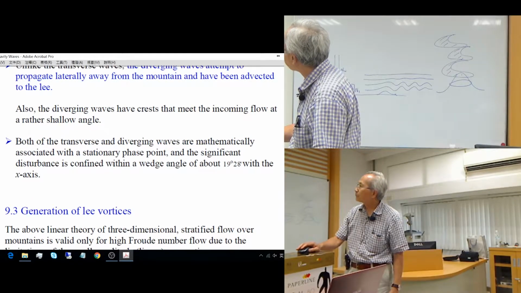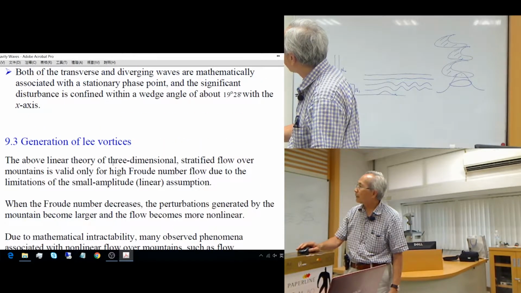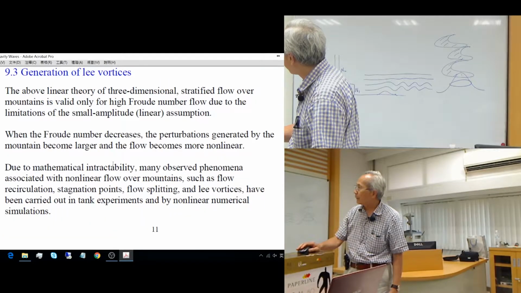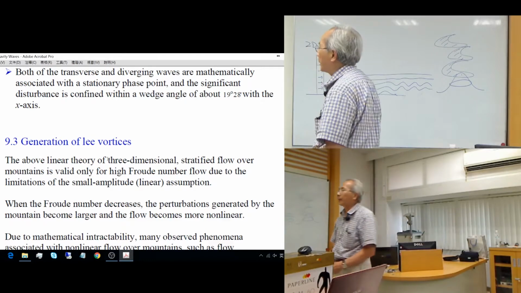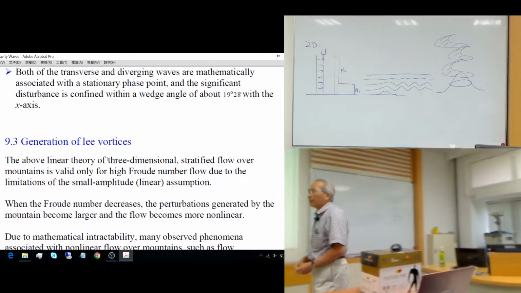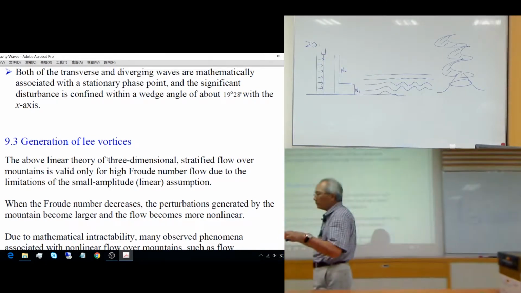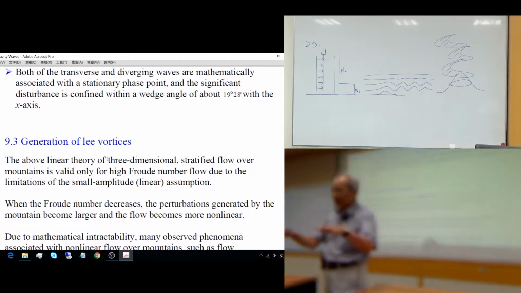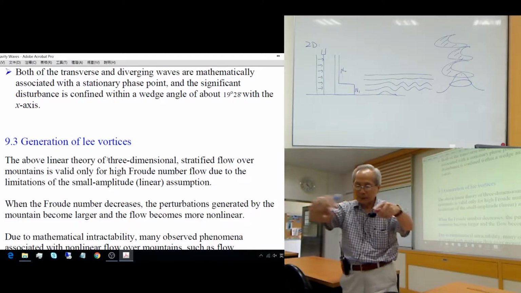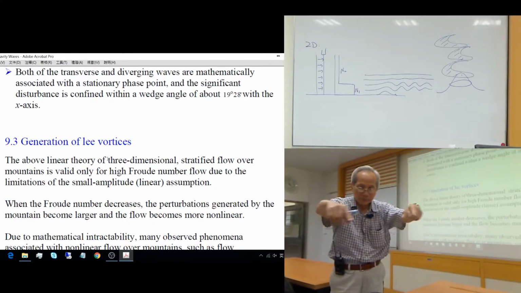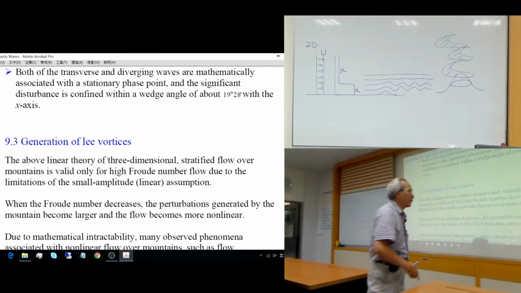Now, the next topic is the generation of the vortices, and this is a very important topic, because observations show we occasionally have a pair of vortices on the lee side of the mountain.